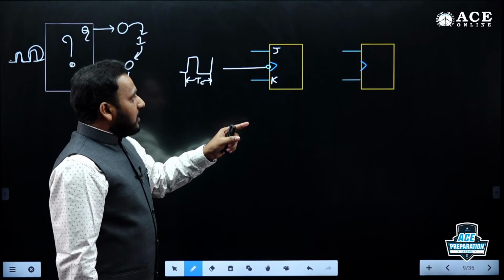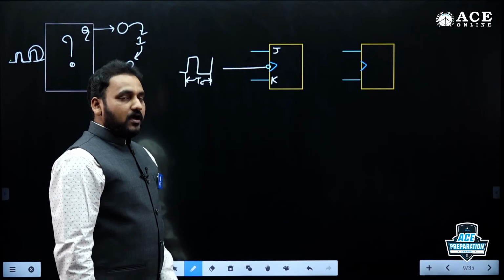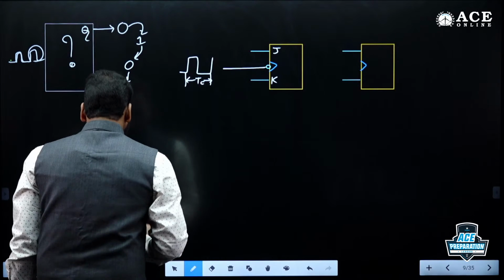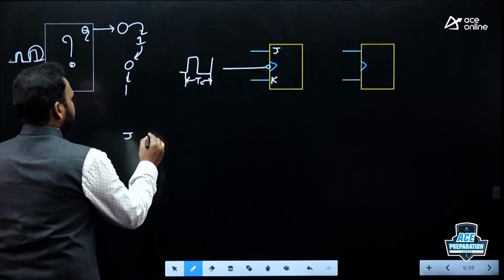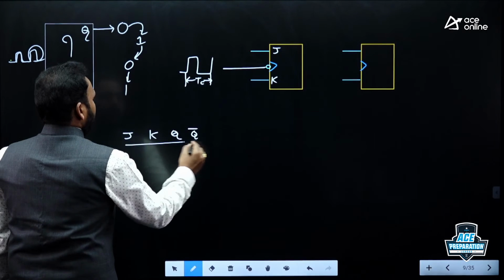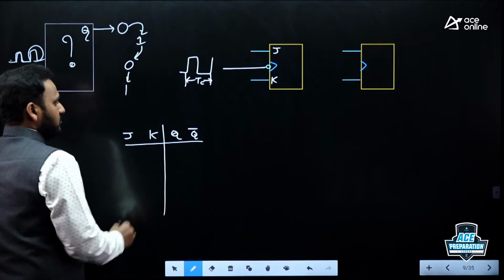I am assuming you know the JK flip-flop truth table. If I take the JK flip-flop here, J and K are the excitations, Q and Q bar are the output lines. I don't want to waste time, so quickly I am writing the truth table.